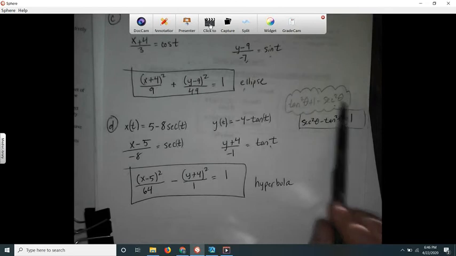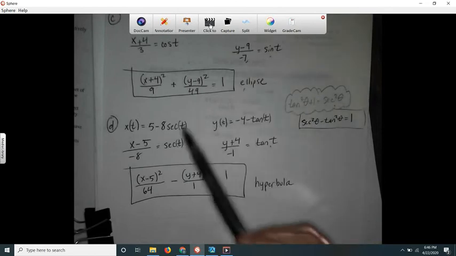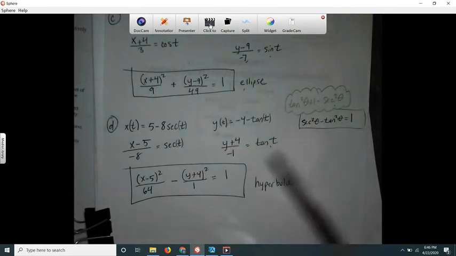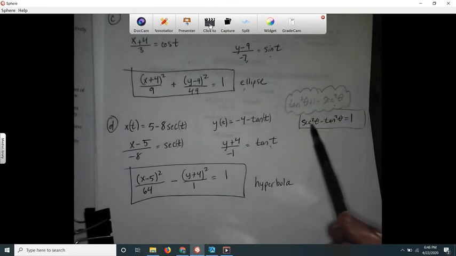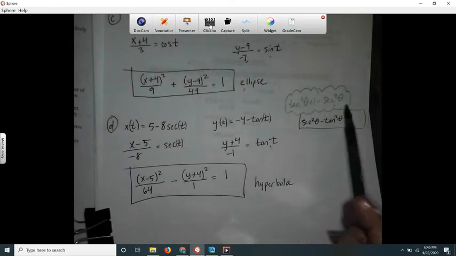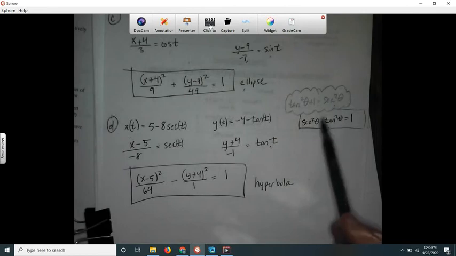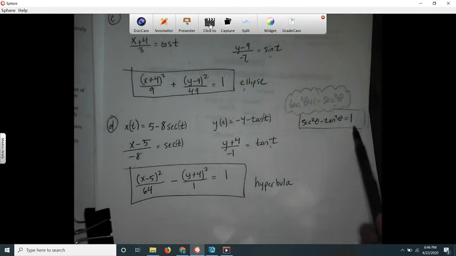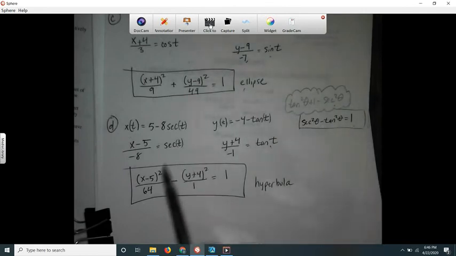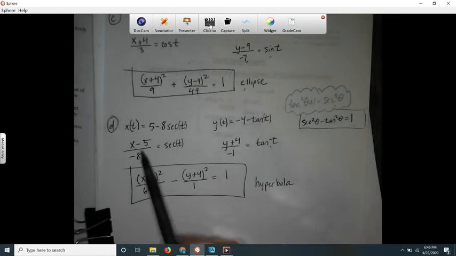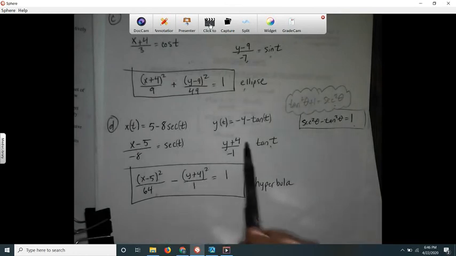If I want to switch that around to see if this is an ellipse or a hyperbola, I would just subtract tangent squared theta from both sides, and I'd have secant squared theta minus tangent squared theta equals 1. So this is the secant. If I square it, the negative 8 turns into 64, and here's the tangent.